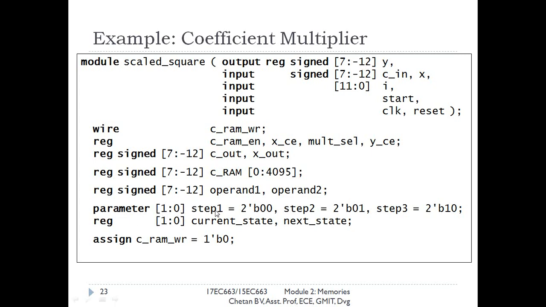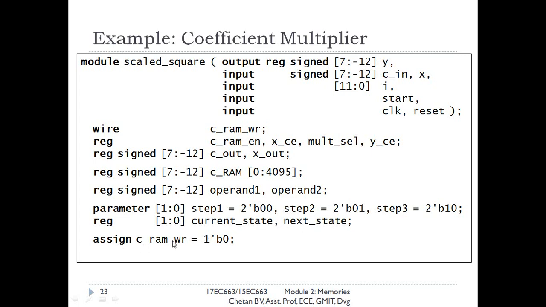Parameter [1:0] step 1, step 2, step 3 and so on. These are for the next state logic. In this model we are modeling both the data path and the control section. So this will be helpful for the control section. Register [1:0] current state, next state, again for the state register.